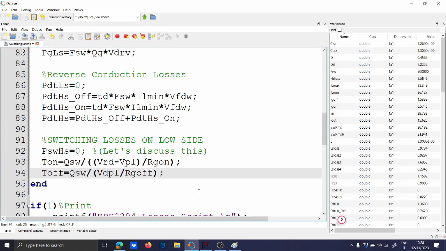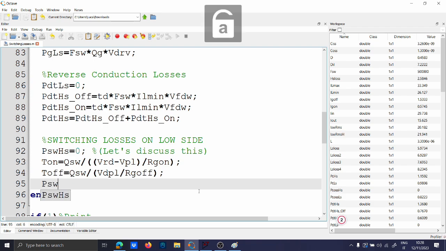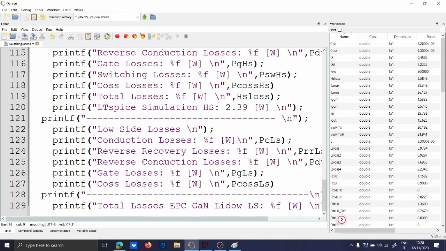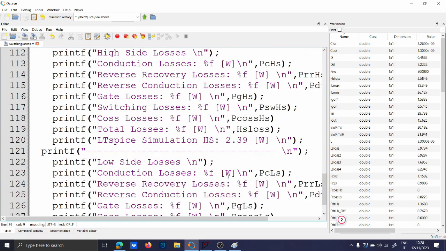And now that we have T on and T off, we can calculate the switching losses, P switch low side. Where did I write it?